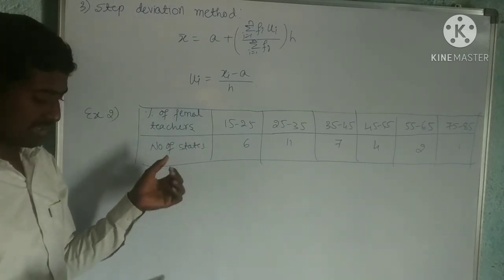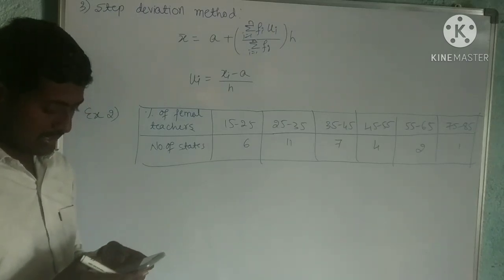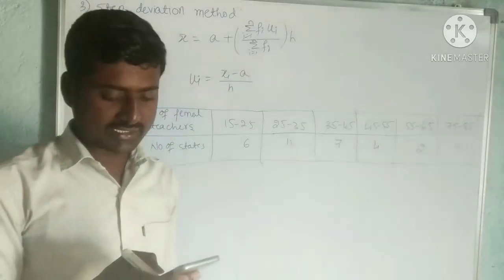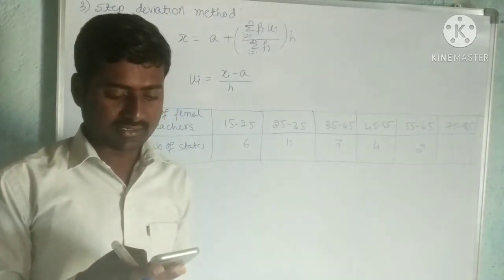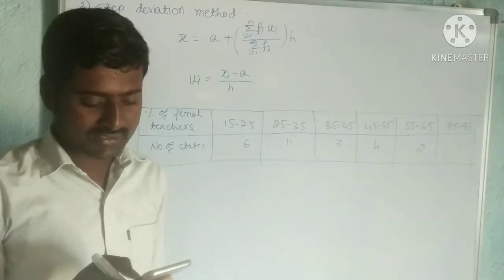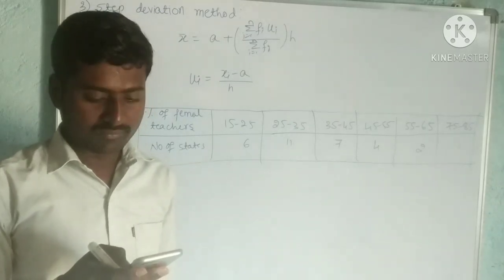The question in example number 2: the table below gives the percentage distribution of female teachers in the primary schools of rural areas of various states and union territories of India.